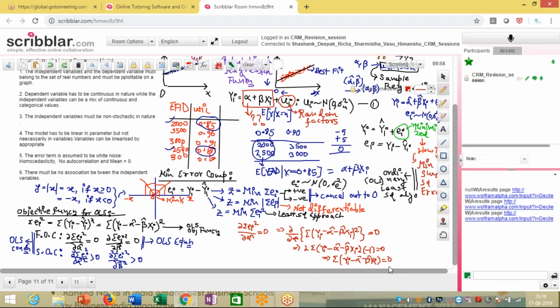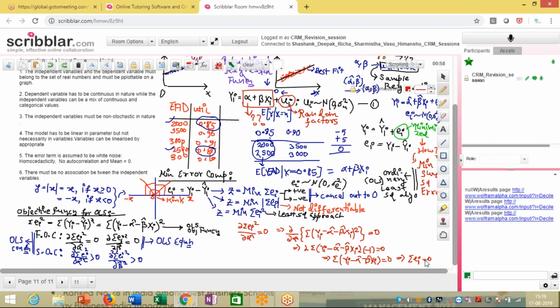Okay, so this is the first OLS equation. Now if you look at the calculation very carefully, you will see that what it boils down to is nothing but this. It clearly says that the summation of ei is equal to 0.